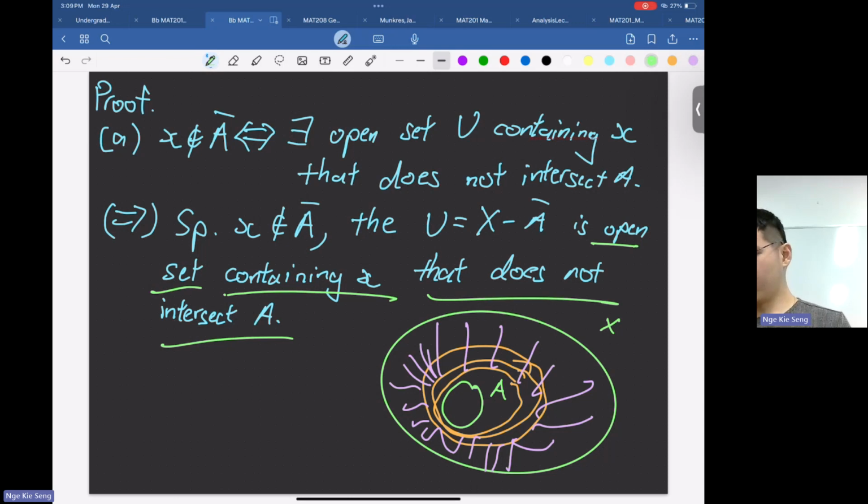So really, this A is hiding inside A bar. We have it just now, right? A is in A bar. So X take out A bar is like this. X take away A is which way? Let me think.